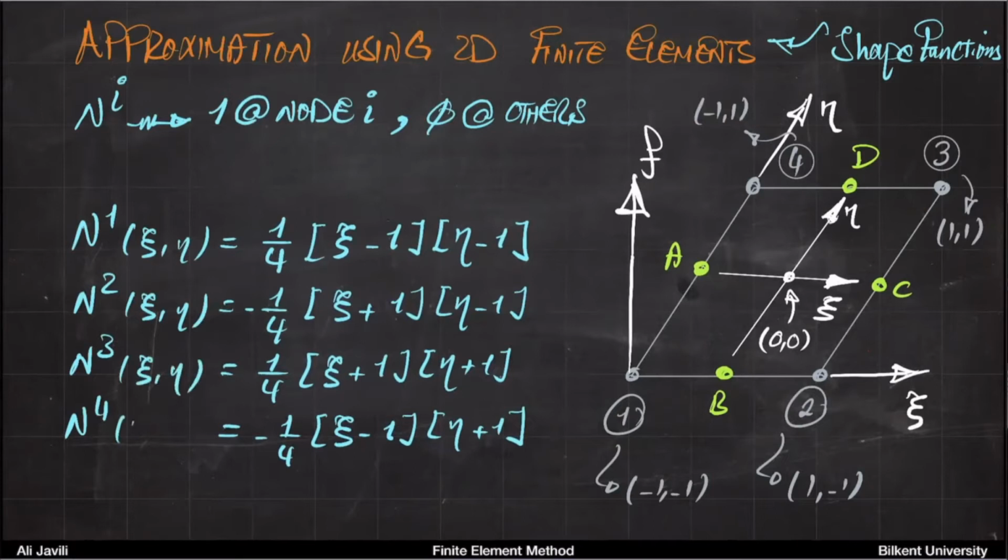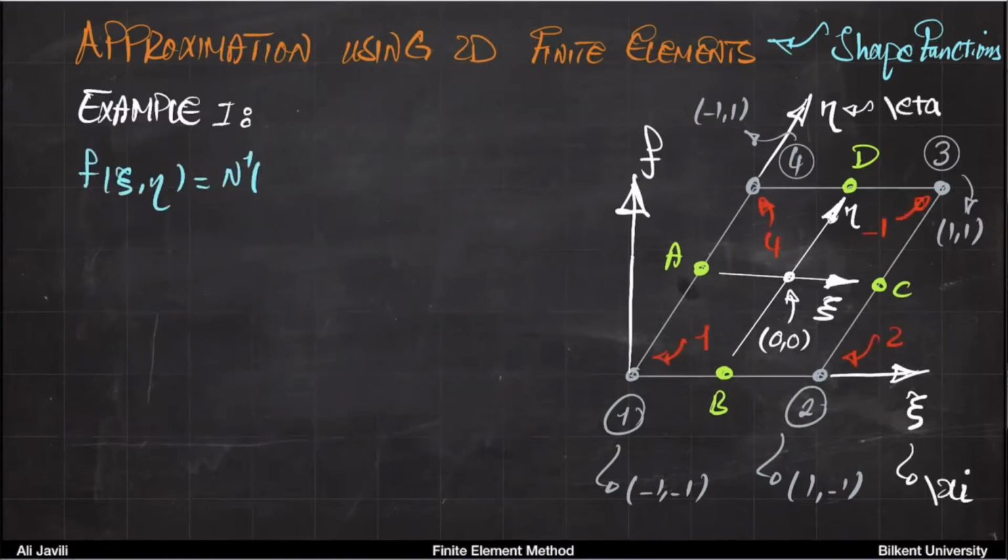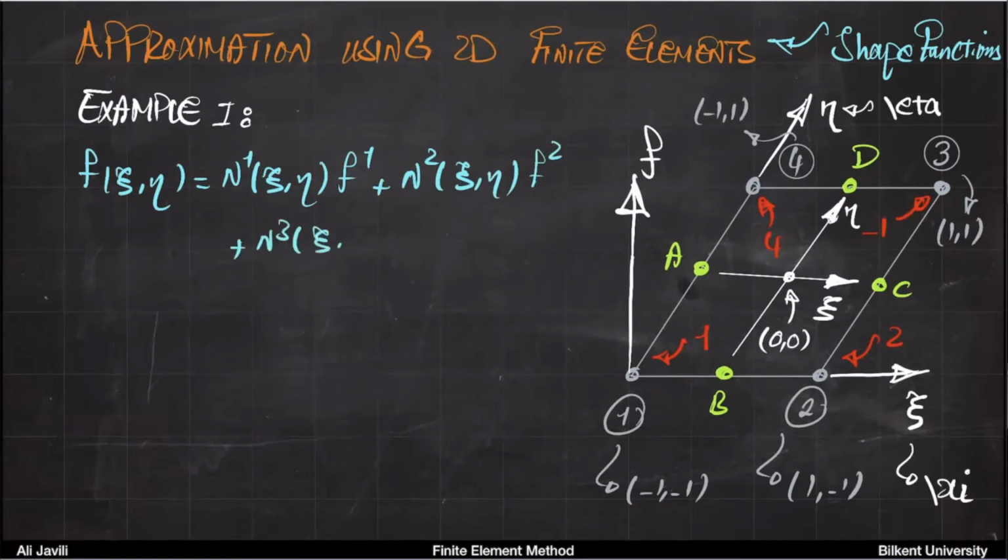The same here. So basically, you have something which looks like N1 as a function of xi and eta times f1, plus N2 as a function of xi and eta times f2, plus N3 as a function of xi and eta times f3, and N4 as a function of xi and eta times f4.